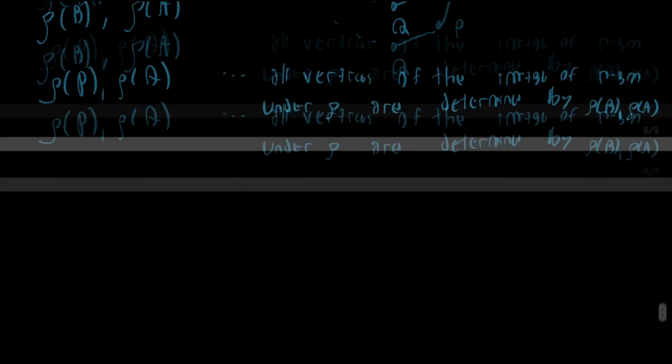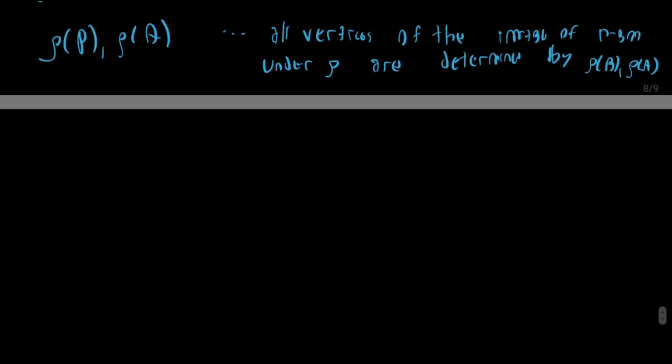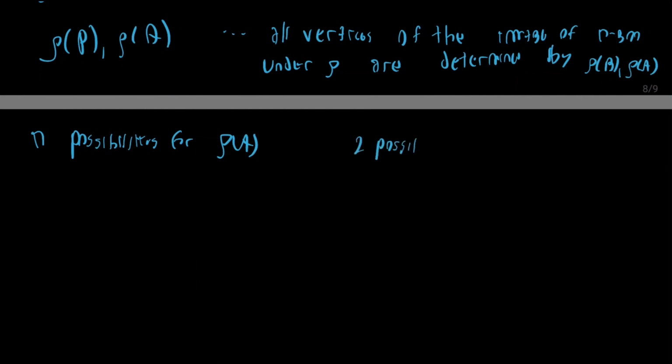So now, if we have an n-gon, we have n vertices, meaning that we have n possibilities for rho A, for example. Now, for the second one, we now have two possibilities, because in a regular n-gon, for each vertex, say A, we can have an adjacent vertex here or an adjacent vertex here.